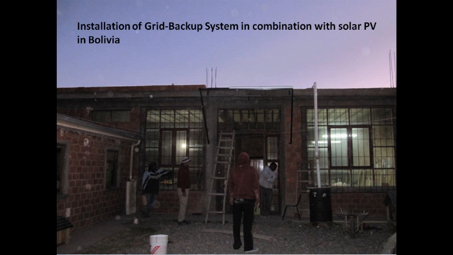But in this house, the light will stay on also during the power outages, because you have a grid backup system of the type I have explained, where you combine renewable energy on site with uninterruptible power supply capability. Above the door here you have the solar PV modules, and inside the building you have the electronics and the battery bank.